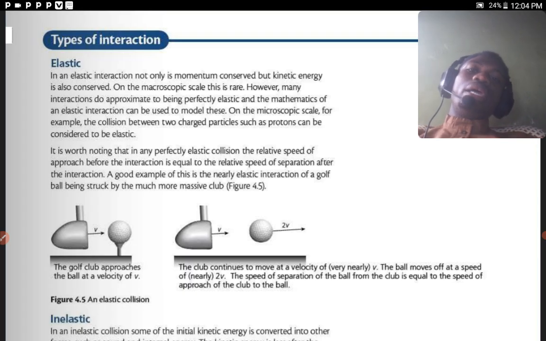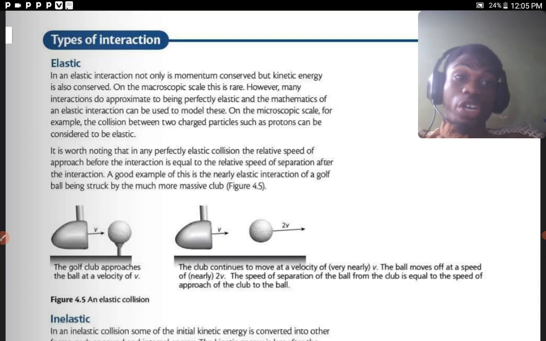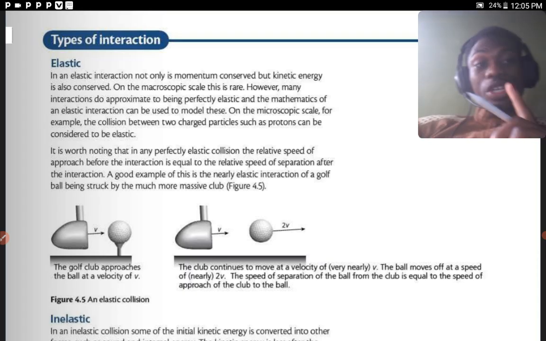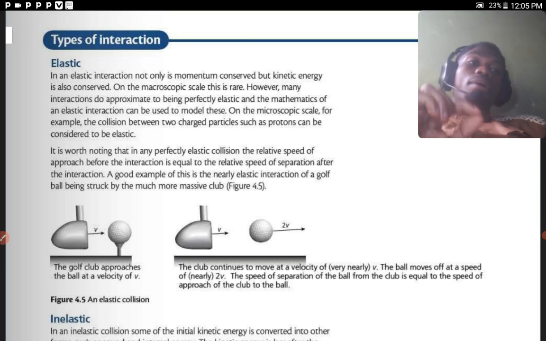In an elastic interaction, not only is momentum conserved, but kinetic energy is also conserved. So what is an elastic collision? An elastic collision is one in which both momentum and kinetic energy are conserved.